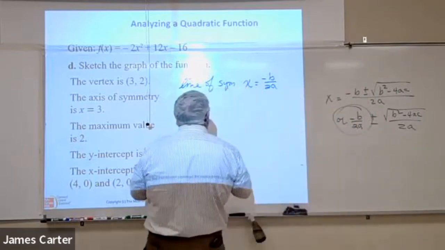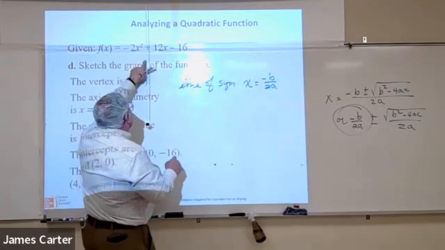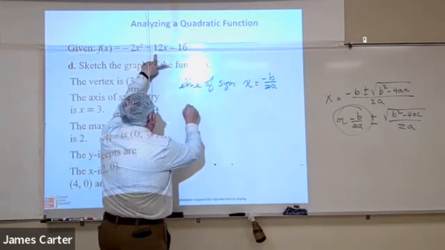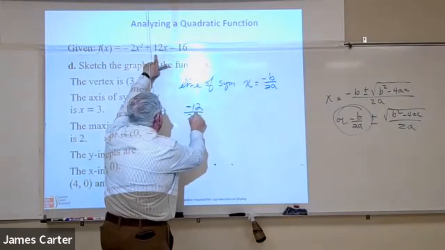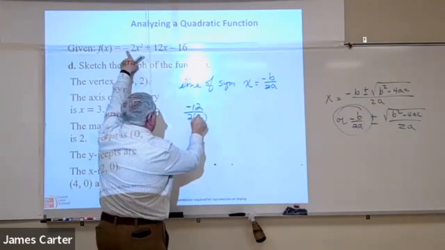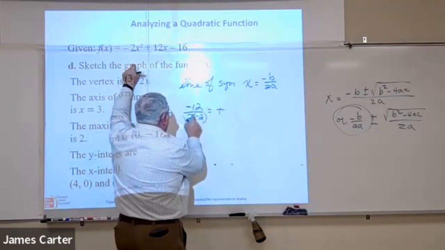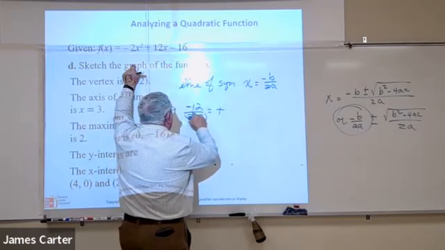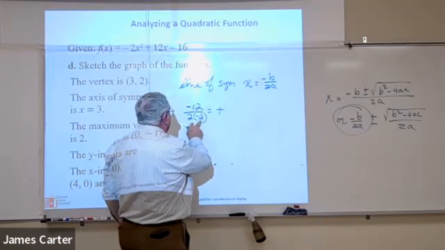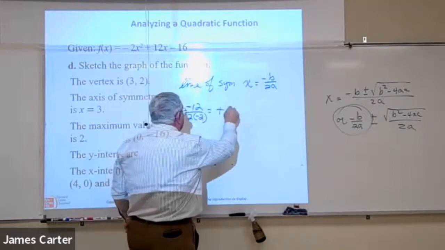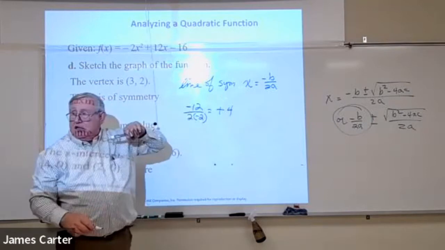Now, that formula applied to this problem. B is 12. -12 over 2 times A, which is -2, equals positive 12 divided by 4, because this negative and that negative cancel each other out.